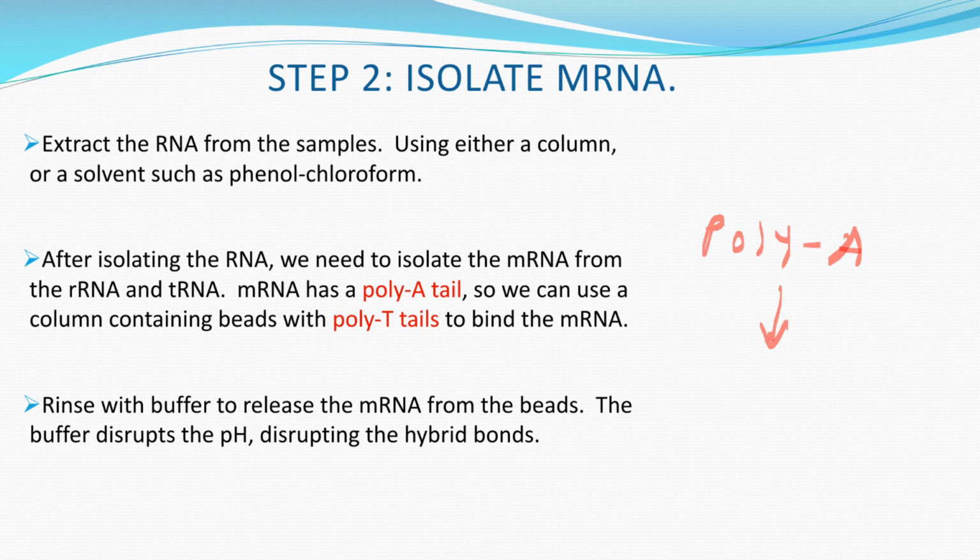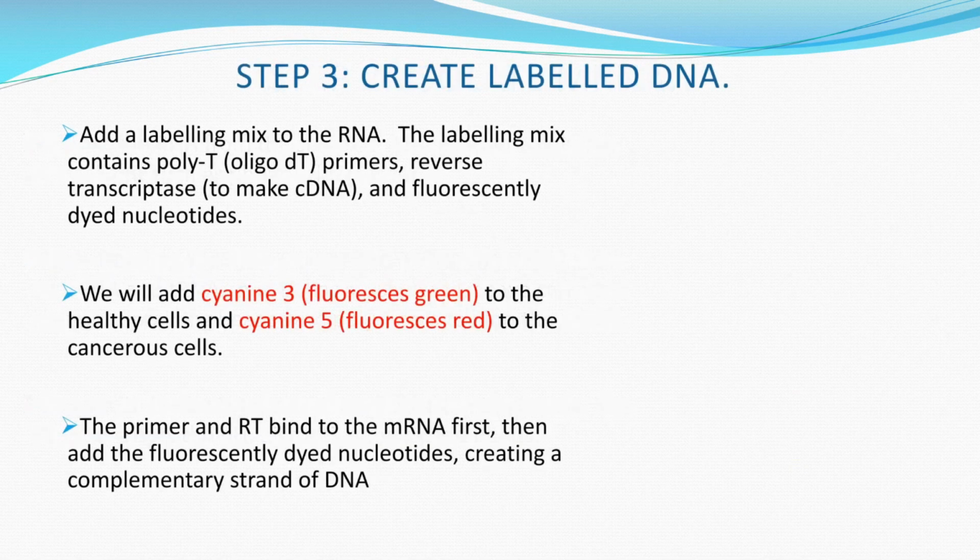So we are adding a bead which contains a poly T tail. We know the rule of complementarity, A always binds with T. In this way, the bead has attached mRNA, then we wash the samples. In this way we will get only mRNA and the remaining RNA is washed from the sample.